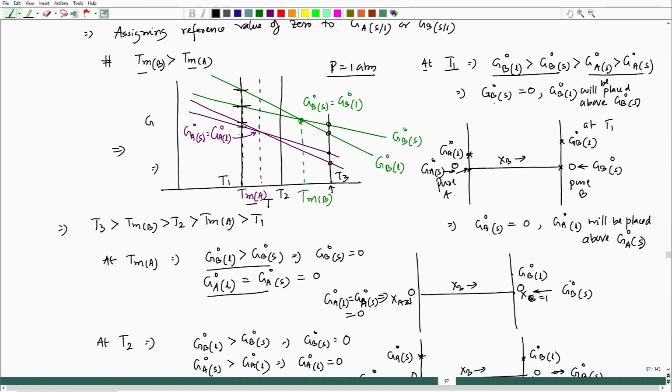That can be reflected over the G versus X plot. So, this is interesting. With this reference, we will see how we can calculate molar partial quantities. We will consider molar partial quantities in the next lecture, with this understanding of how we place our free energies of pure conditions over the G versus composition plot.